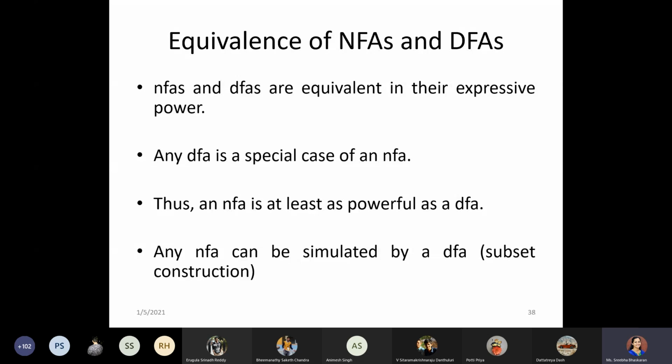So when you compare both, NFA is considered less powerful, or we can say it is a little bit confusing.